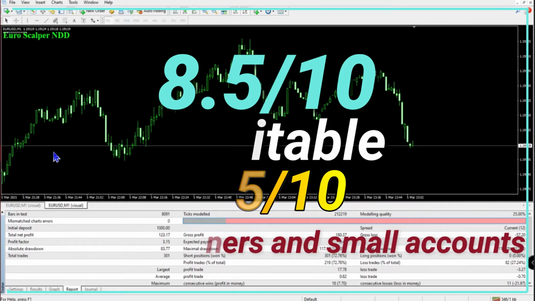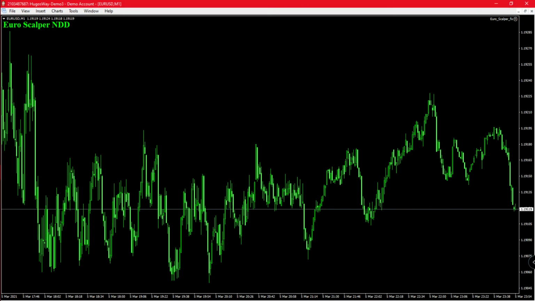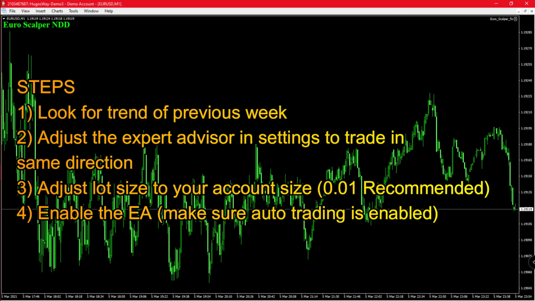That last remaining 1 out of 10 is because if a beginner was to just turn the system on without doing the relevant backtesting or looking at the relative trend beforehand, they would probably blow the account just because they are not diligent enough to see what the trend of the previous week was.